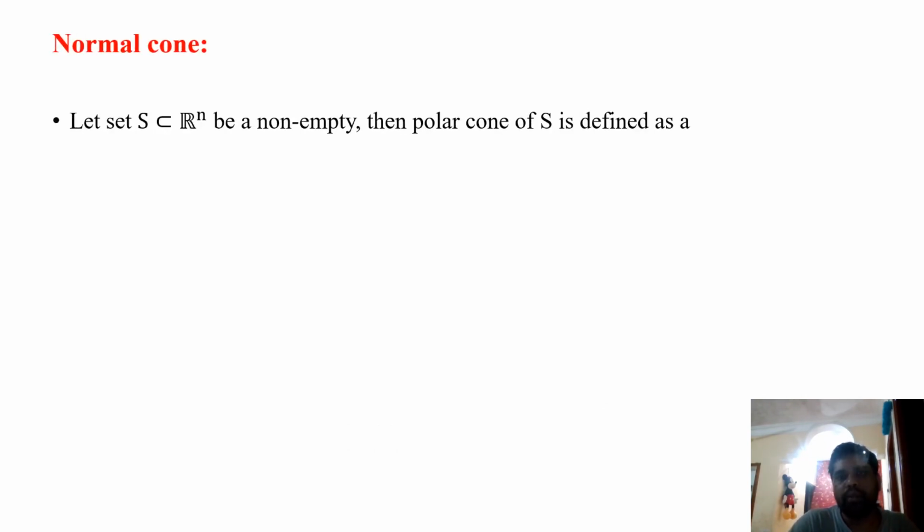Here I would like to give an algebraic definition of the normal cone. Consider a non-empty subset. Then how can we define the normal cone with respect to the supporting hyperplane?